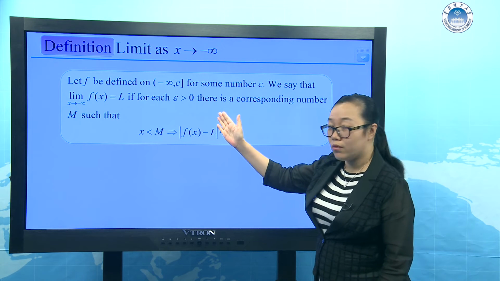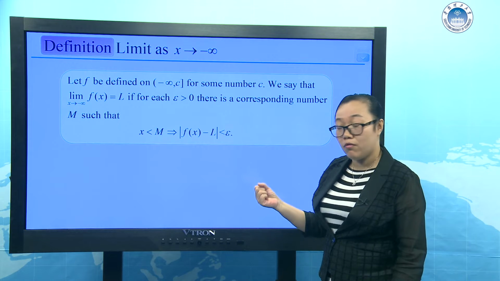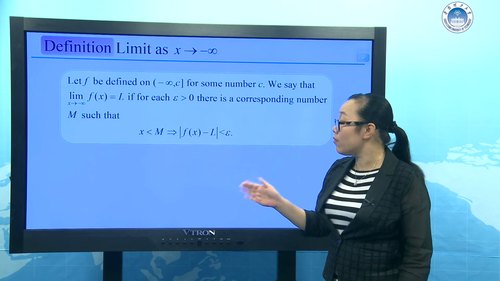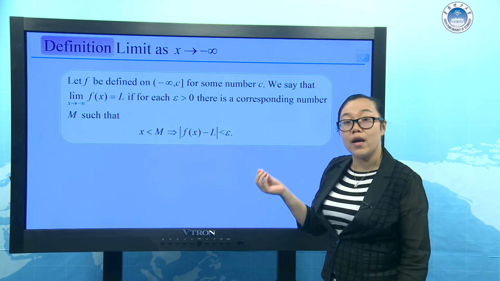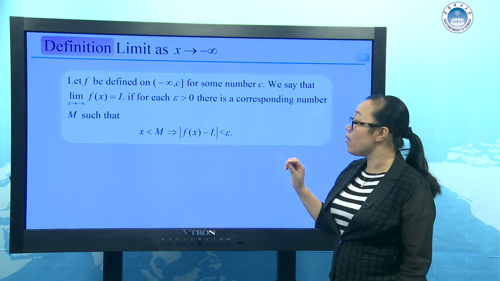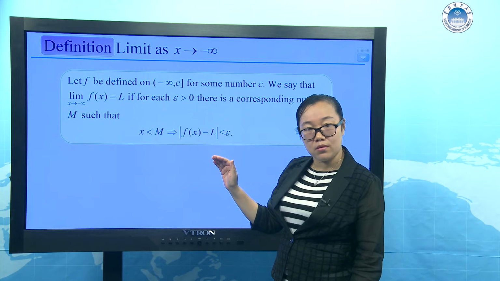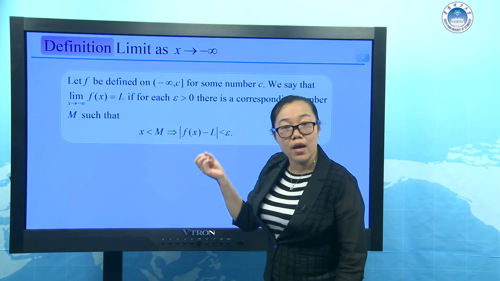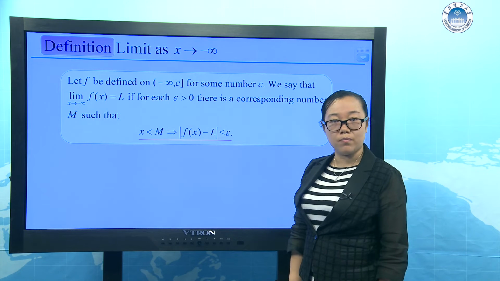For every epsilon, any small positive number, we always have this expression. This means the distance of f(x) and capital L is as small as possible. At this time we have the limit idea, meaning the limit of f(x) equals L. The two values are as close as possible. So try to understand this expression.